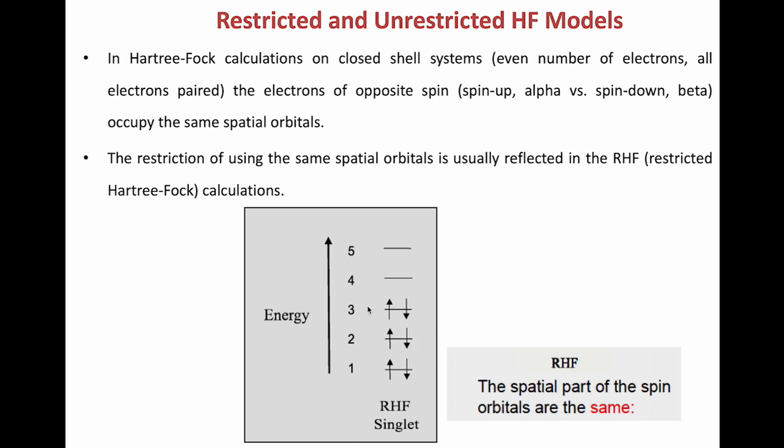Alpha and beta spins are paired, in the same spatial orbital with the same energy. Such a model is known as a restricted Hartree-Fock model.